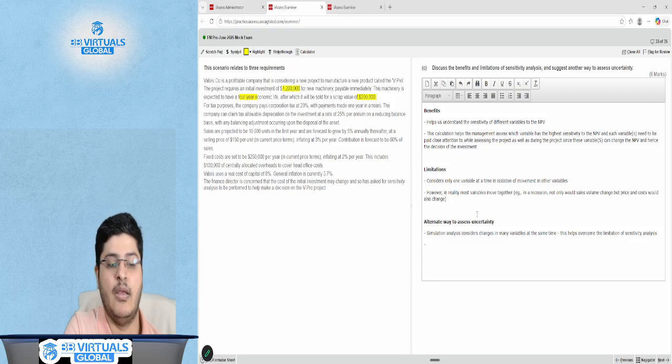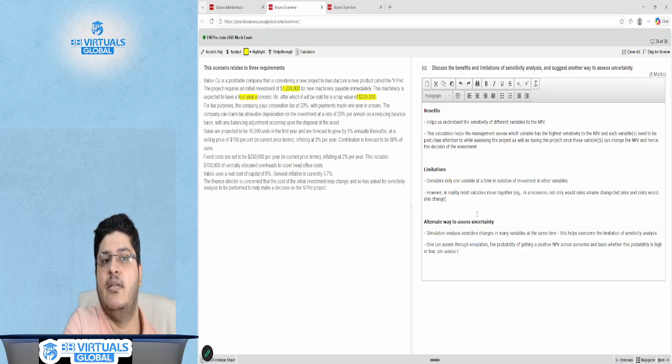One can assess through simulation the probability of getting a positive NPV across scenarios, and basis whether this probability is high, can assess the project, can assess the investment.